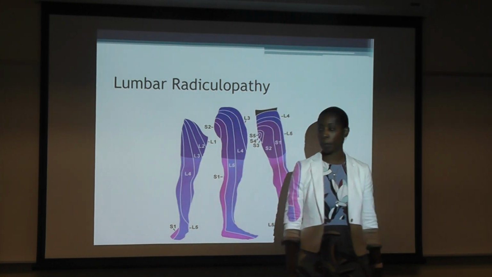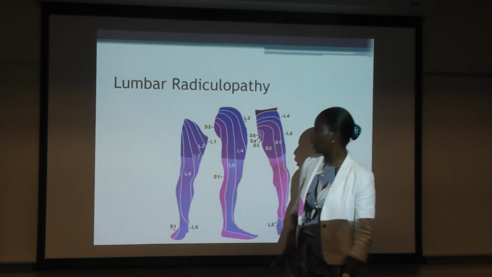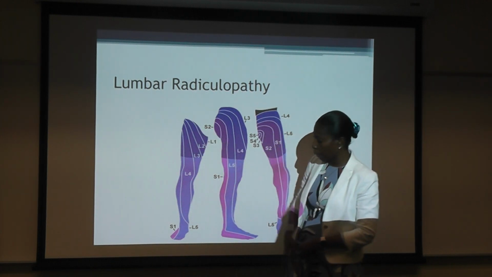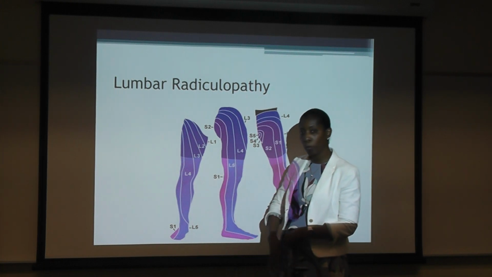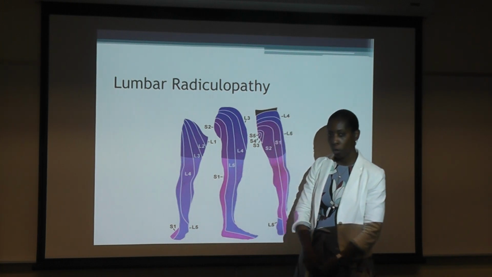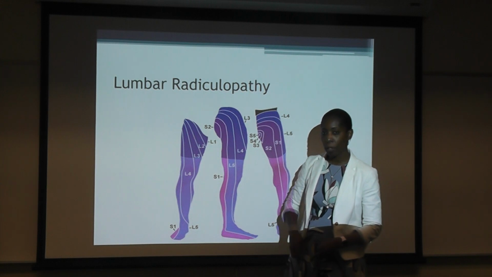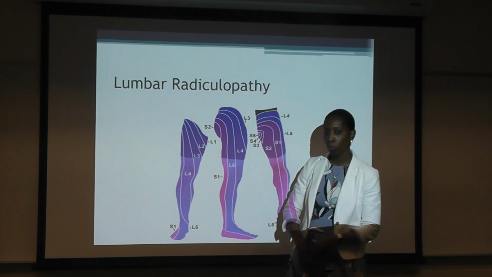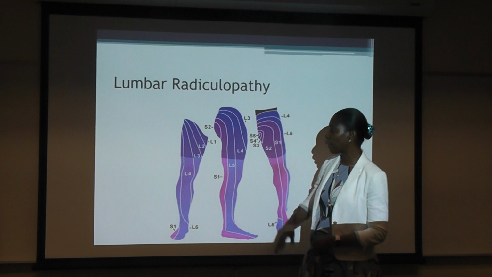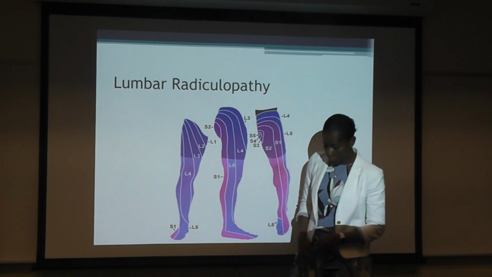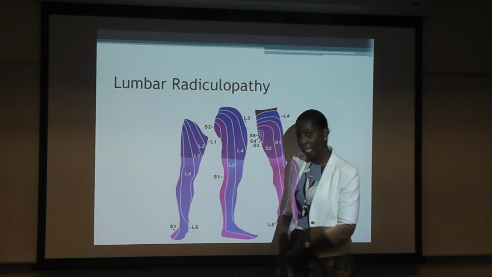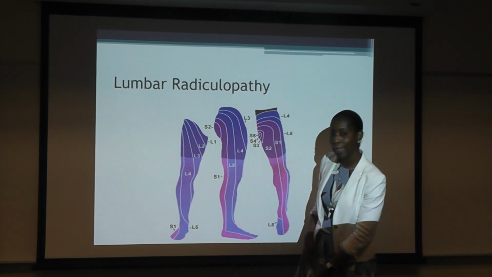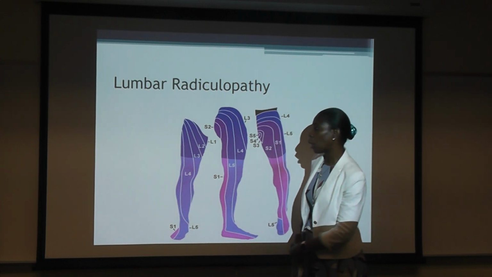And then the back is something else. So I want you to look at this. L1 should be pointing towards your groin. So if you have an L1 nerve root compression, your pain should be in your groin area, numbness and tingling in the groin area, okay? If you have an L2, where your hand is, it's going to be on the inner thigh, so the pain and the numbness is going to be in the inner thigh area, okay?